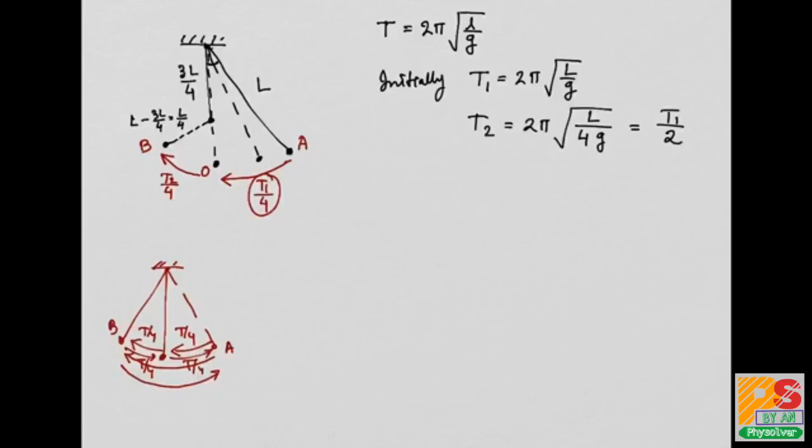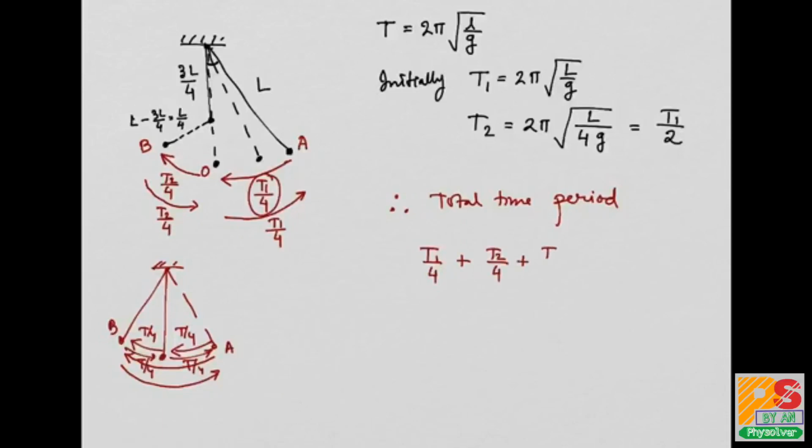Now from B to O, the time taken would again be T2 by 4, and from O to A the time taken is T1 by 4. Therefore the total time period is nothing but T1 by 4 plus T2 by 4 plus T2 by 4 plus T1 by 4, and this is T1 by 2 plus T2 by 2.